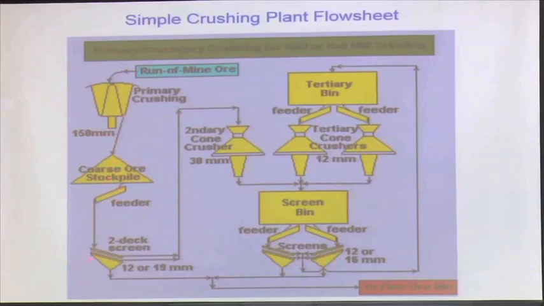Then I want to take out 12 and 19 millimeter particles. I have got two screens here. Whatever is coarser than that I can send to another crusher, and like that I can keep on iterating until I get my desired particle size. That is how we control it.